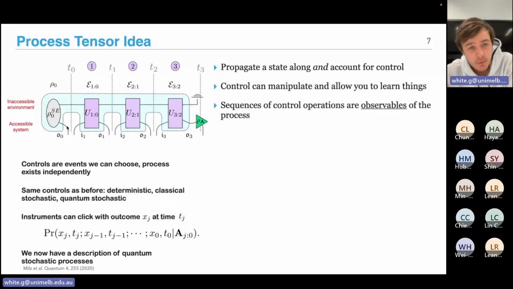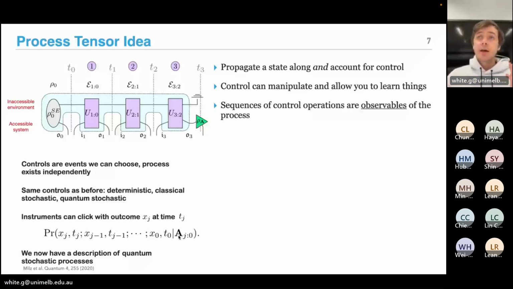And you can imagine that if you apply multiple sequences of control operations, each with different outcomes, then you're going to get a joint probability distribution across time. You know, you're going to get a probability distribution which has your detector clicking with outcome xj at time tj, as well as xj minus 1 at time tj minus 1, all the way up to x0 at time t0. And this is all conditioned on the particular choice of instruments that you make.